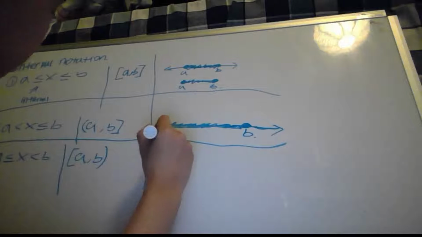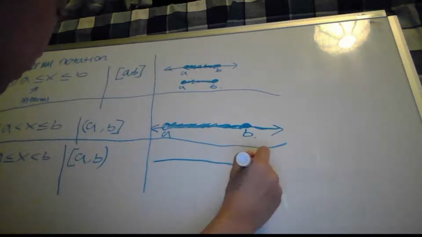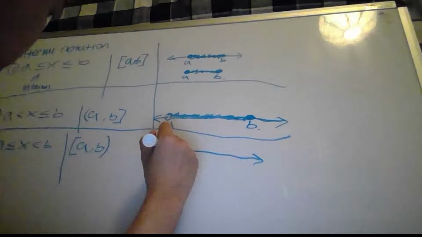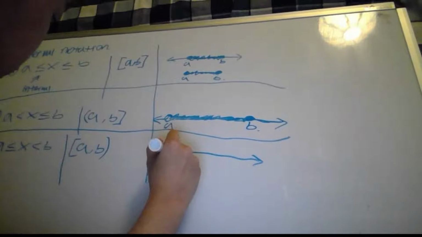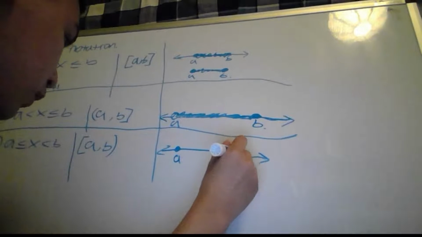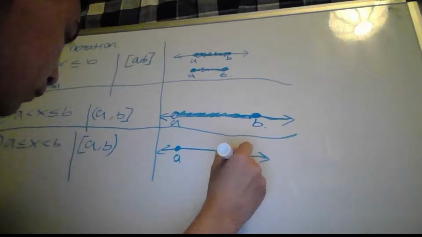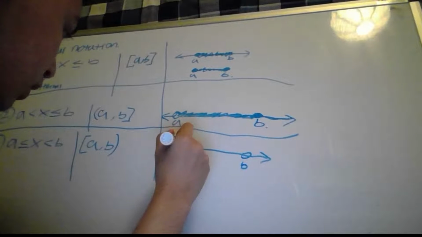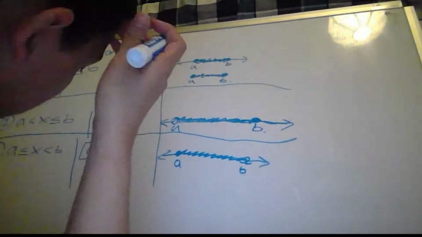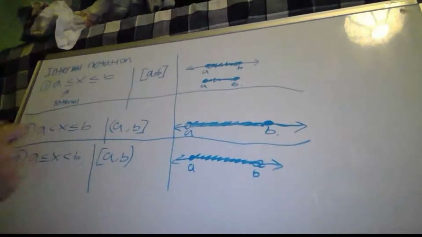Now if it's from A to B again, but A has a bracket, we would do a closed dot at A, and then an open circle at B. So it would be something like this, and you would shade in the middle, right?